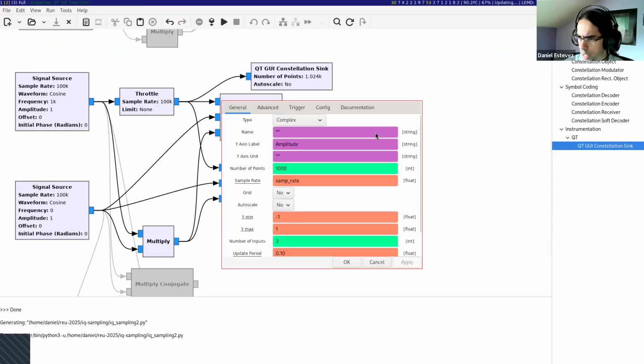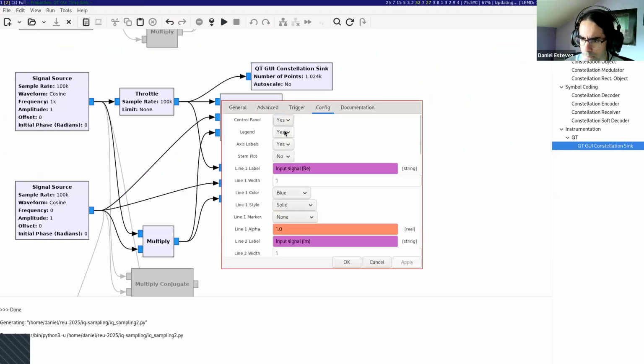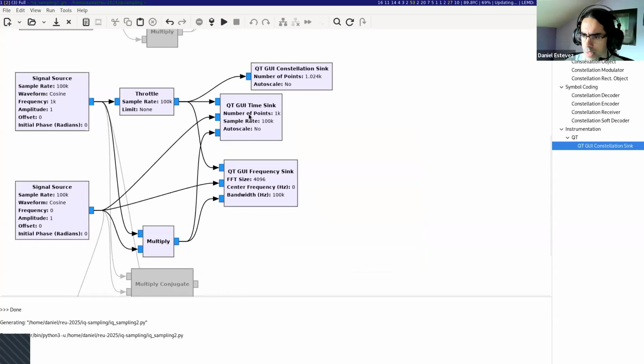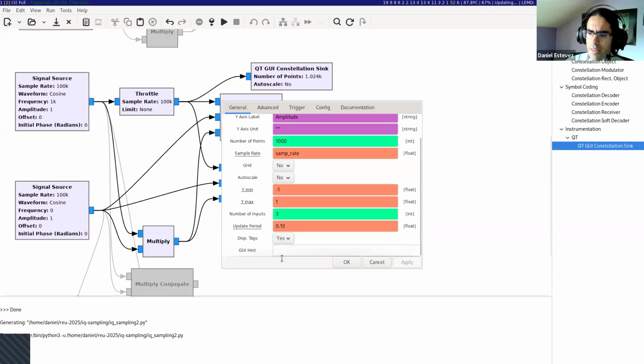So let me disable the control panel because we don't need it. And there is a GUI hint in here. This is used to arrange plots in the GUI. And there's documentation in the wiki about how to set this up. But in the most simple cases, it is just coordinates on a grid.